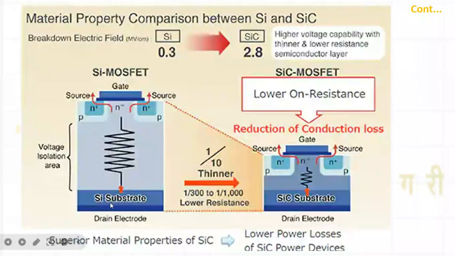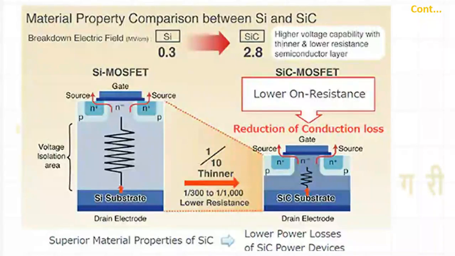If you compare the silicon substrate and the silicon carbide substrate, then if silicon has a resistance of 1 ohm, silicon carbide has a resistance of 1/300 to 1/1000 of that. So silicon carbide has a very low on state resistance value.